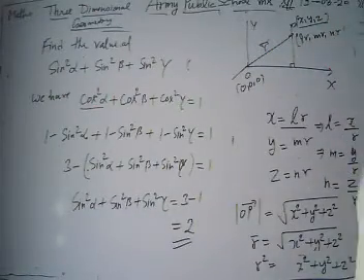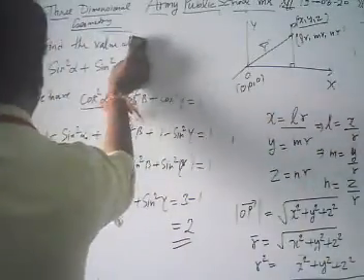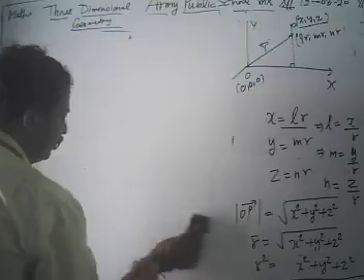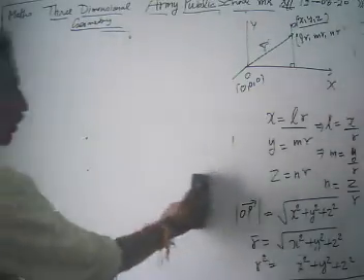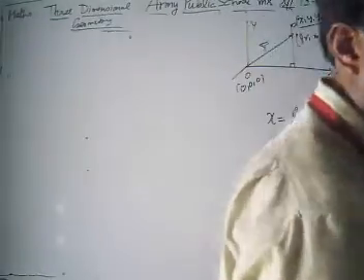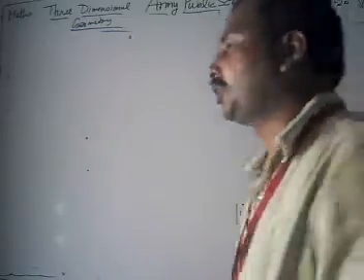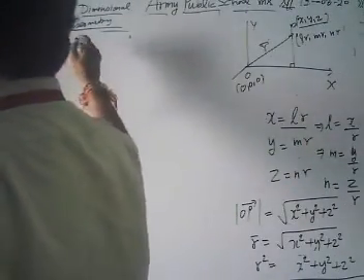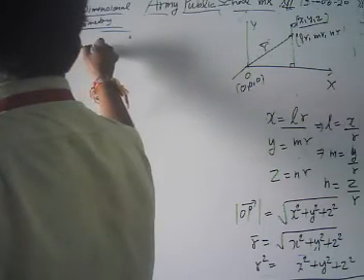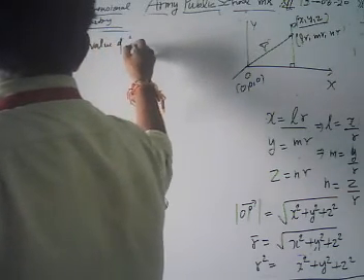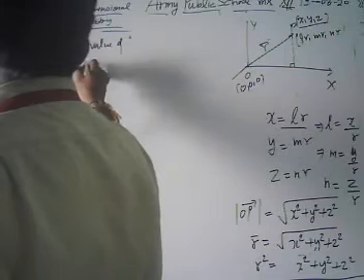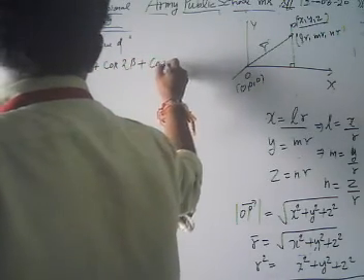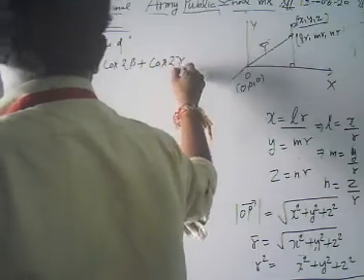Now look, one of the important problems we can get here. Just suppose on the basis of direction cosines, it is asked to find the value of cos 2 alpha plus cos 2 beta plus cos 2 gamma.